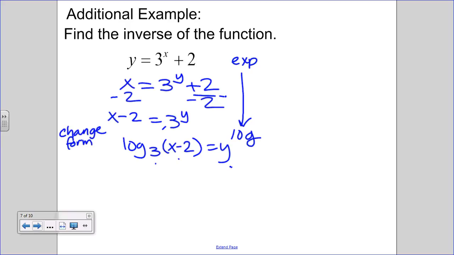We want to get that y by itself. So the y is by itself. It's not the same form, but it is now a logarithmic function, which is the inverse of the exponential.